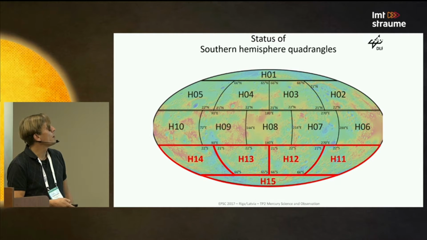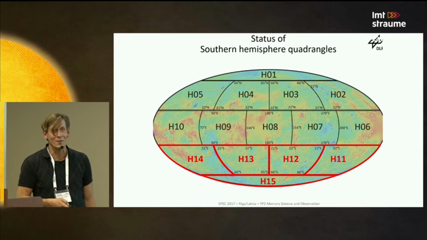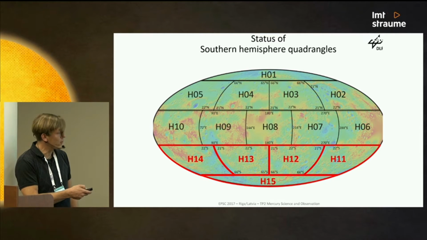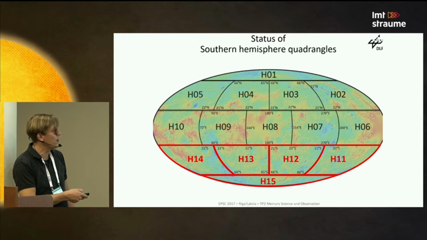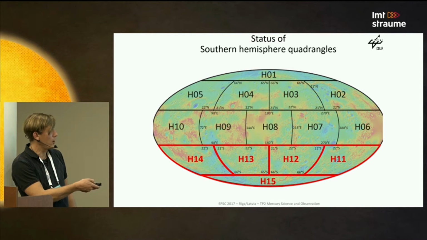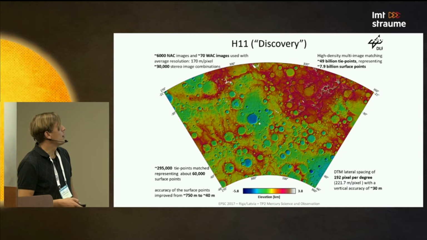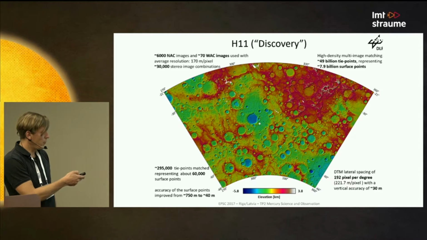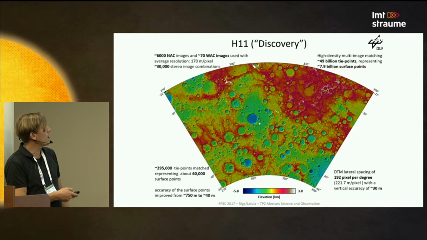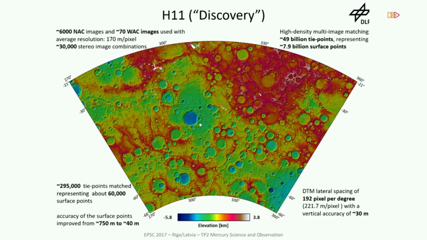So, what about the southern hemisphere? We start with the southern hemisphere. We have H11 to H15, and I will start with H11. For H11, we have in total 6,000 NAC images and only a few WAC images, with a resolution of 170 meters per pixel.